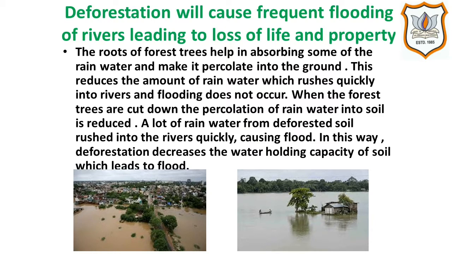Students, another reason for the floods is the soil erosion caused by deforestation. The eroded soil is carried by flowing rainwater into rivers. The eroded soil keeps on collecting on the river beds and decreases the depth of rivers gradually. Due to decreased depth, the water carrying capacity of the river is reduced.